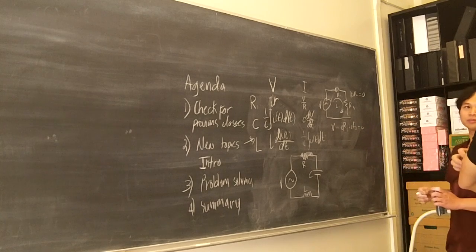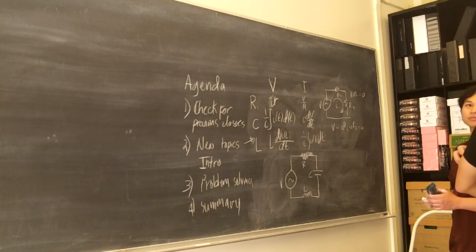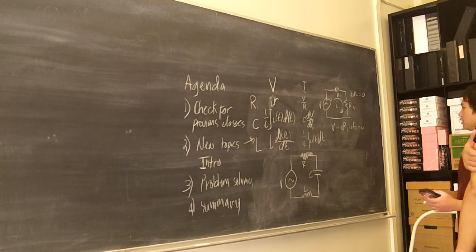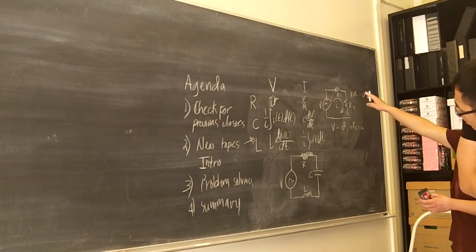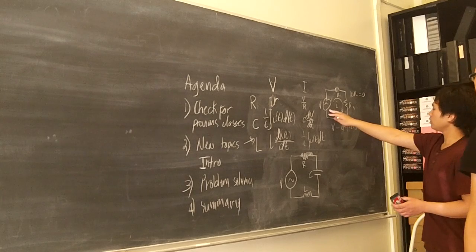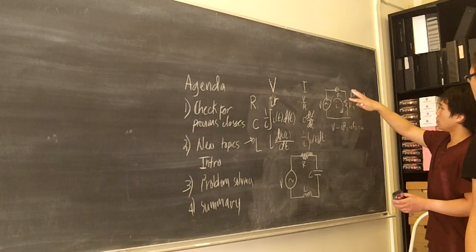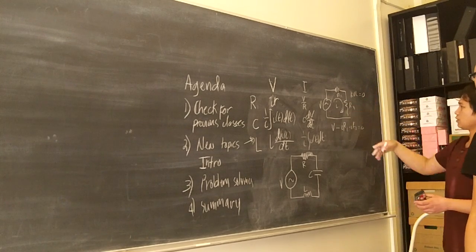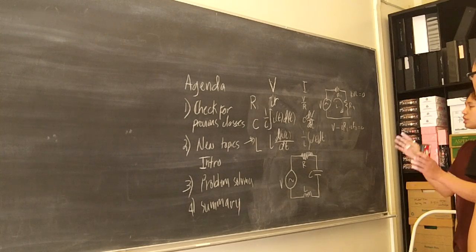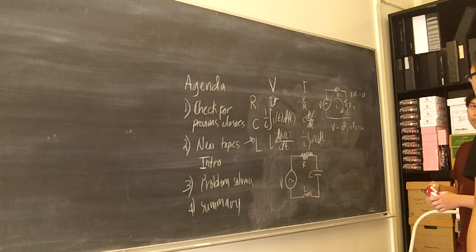You did it one time. So you do V minus I R, because all the voltages in the loop sum up to 0.